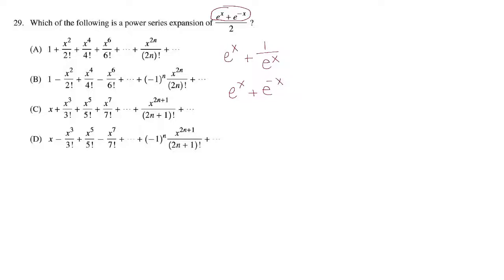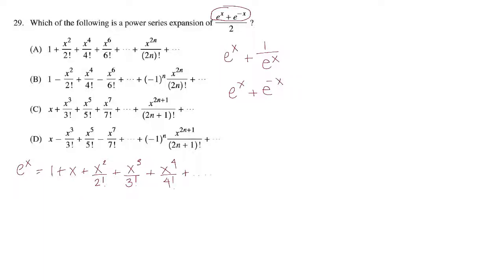So let's look at the expansion for e to the x, and then we can transform it. So the expansion for e to the x, we saw e loves everybody. It's going to be every part. Nothing's left out. So I have 1 plus x plus x squared over 2 factorial plus x cubed over 3 factorial, x to the 4th over 4 factorial, and so on.